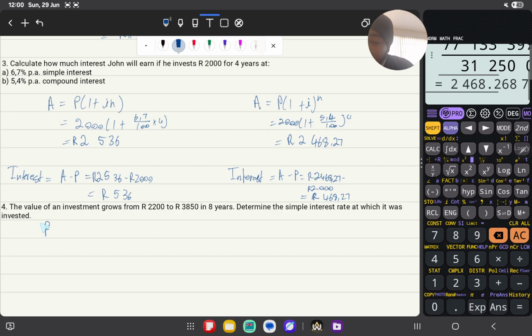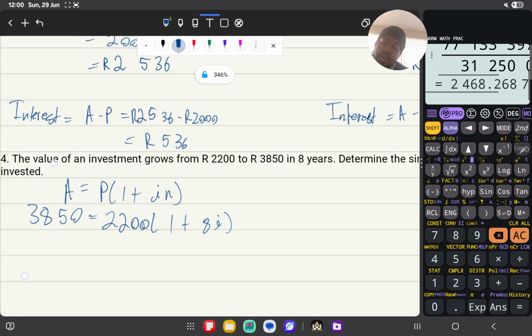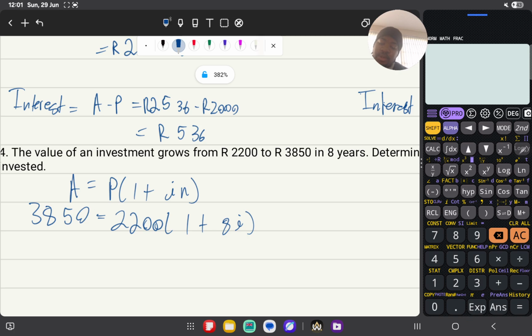So here, of course, you have your formula. Because it's simple interest, you do your substitution. I won't include the units for this one. The next step, we divide both sides by 2200.